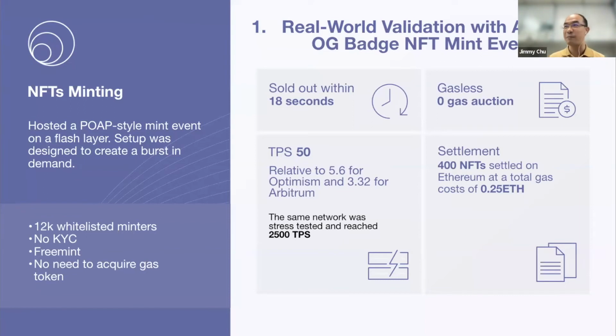We announced it beforehand, and the users have to do some simple actions, for example following our Twitter and probably leaving an email address. Finally we whitelist them and give them an account, so that they can mint the NFT, and it is gasless.